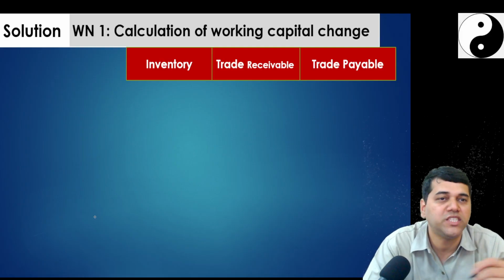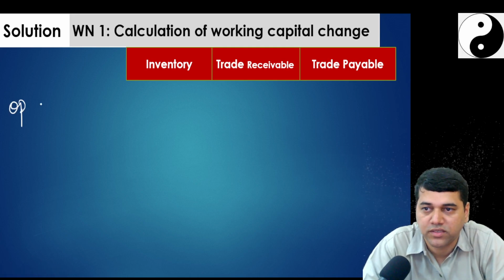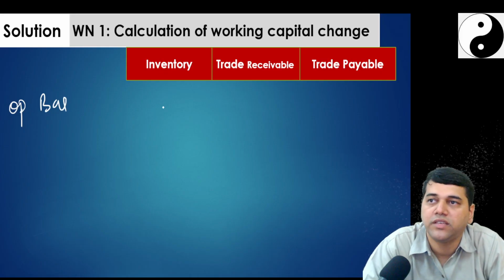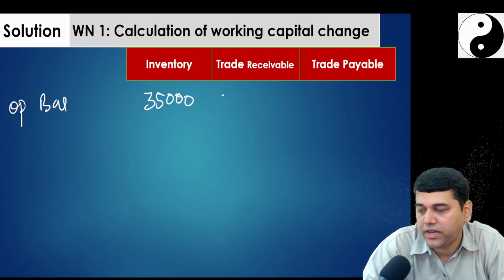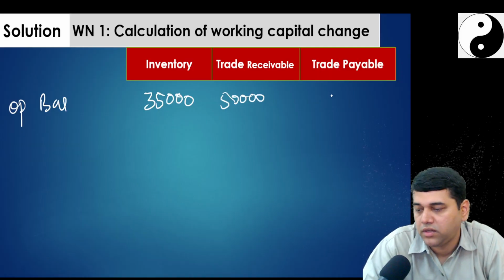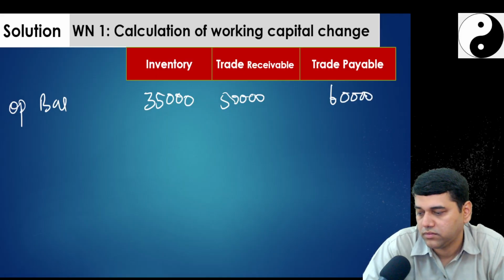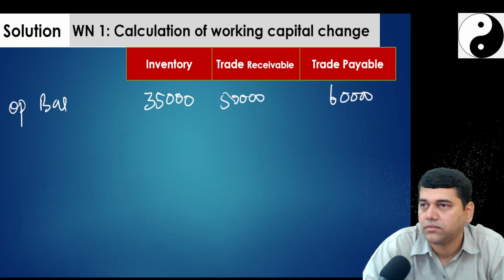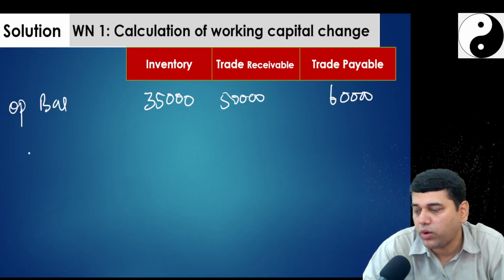Okay. How much is my change? So first I start with the opening balance. How much is my opening balance? Inventory 35,000, trade receivable 50,000 and 60,000. On account of business combination, you acquired your subsidiary at a fair value, correct?